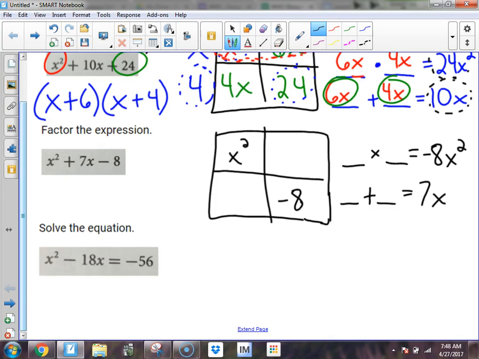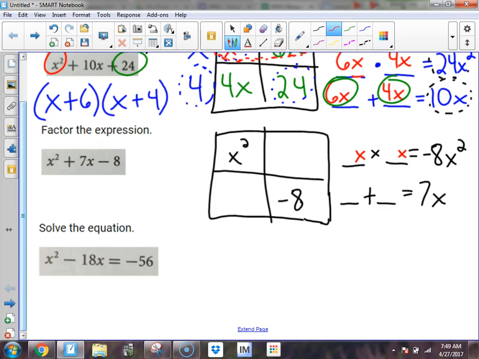Let's see if we can come up with two numbers that will multiply to negative 8x squared that will add to 7x. You say 2 and 4? I don't think so. It's got to multiply to negative 8x squared too. They both are going to have an x. You agree? They both are going to have an x. 1 and 8?